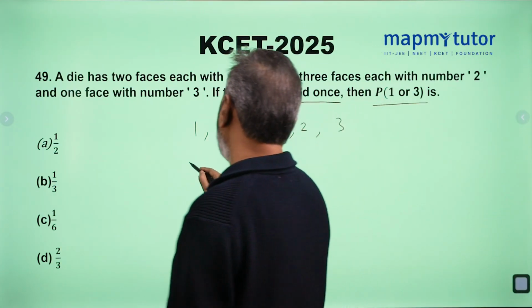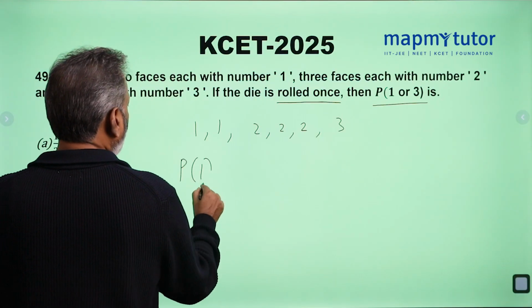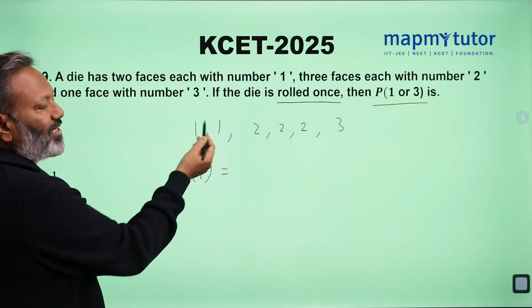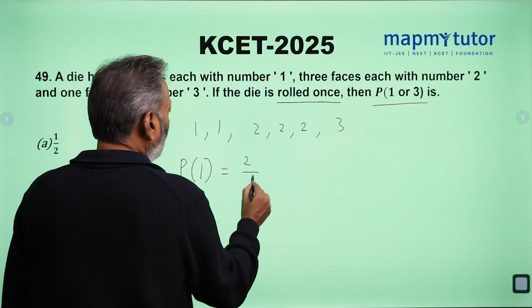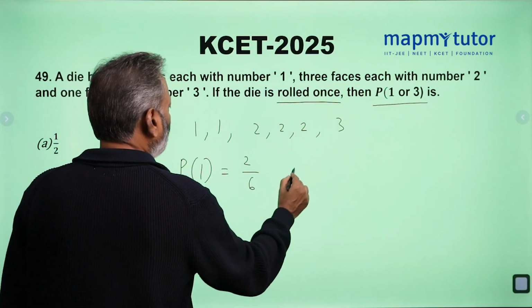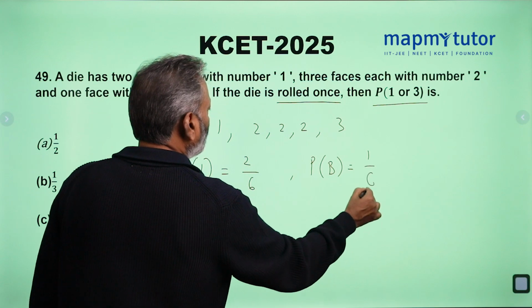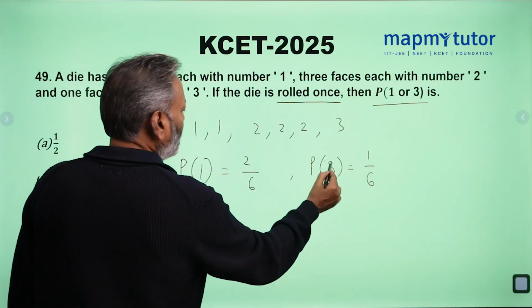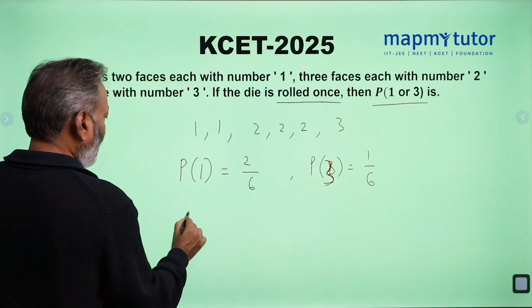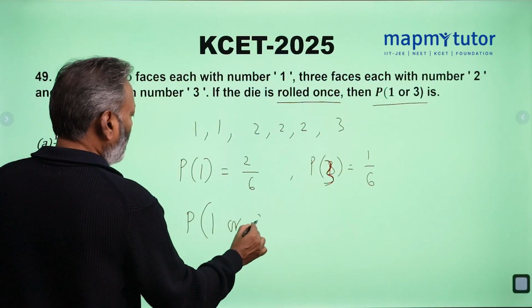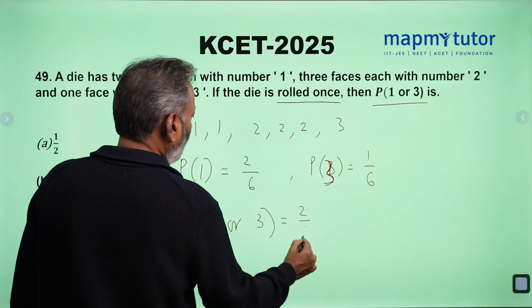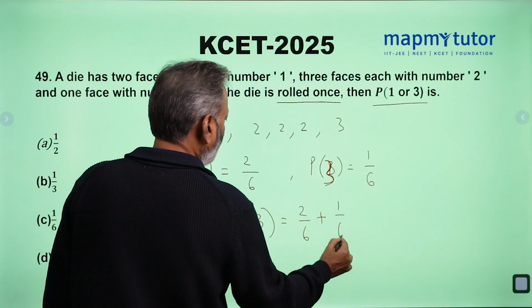Now let me calculate P of 1. What is the probability of getting 1? Because there are 2 faces, 2 favorable by 6. And what is the probability of getting 3? Only 1 face, that is 1 by 6. And I need P of 1 or 3. That means I have to add them because there are no common elements.